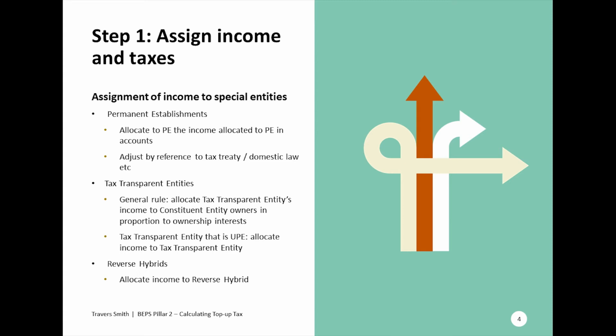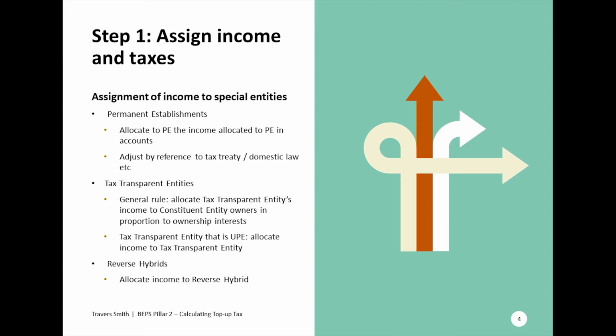Looking now at tax transparent entities, the general rule is that you allocate the tax transparent entity's income to its constituent entity owners in proportion to their ownership interests. However, if the tax transparent entity is the ultimate parent entity at the top of the group, then you need to allocate the income to the tax transparent entity itself, but apply the special rules that we talked about a few weeks ago in doing so.